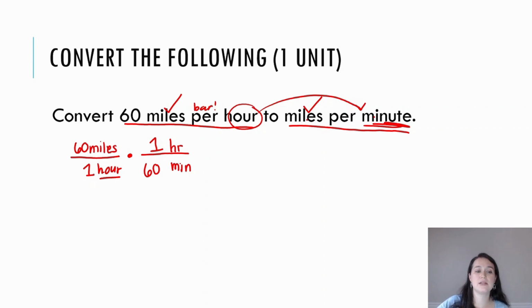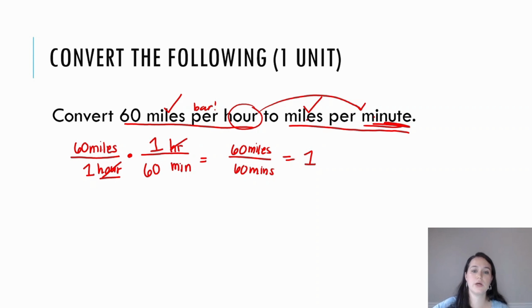So here's where the canceling happens. My hours, the unit itself, cancels out. And now I'm left with miles per, because it's a fraction bar, minute. That's what I'm looking for. So I'm going to write my numbers. I've got 60 miles, we'll simplify in a second, per 60 minutes. So 60 over 60 becomes 1, right?